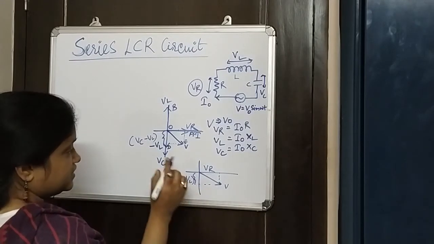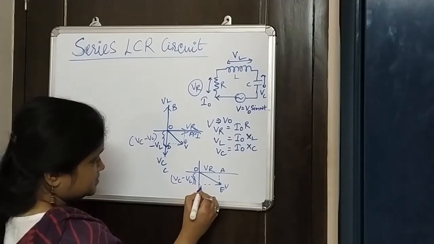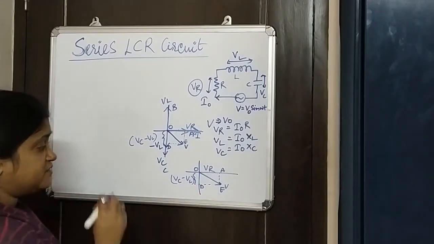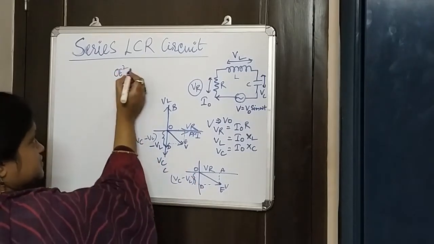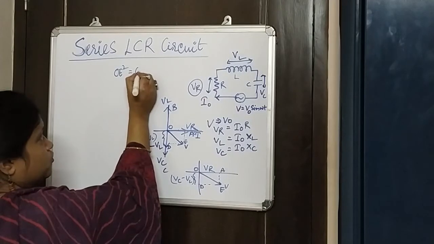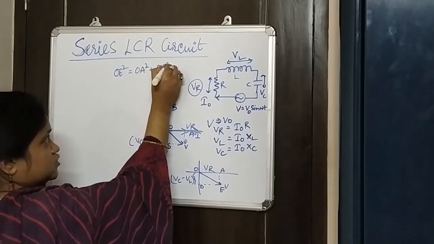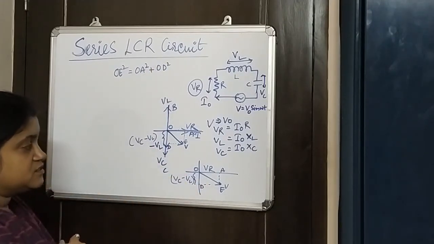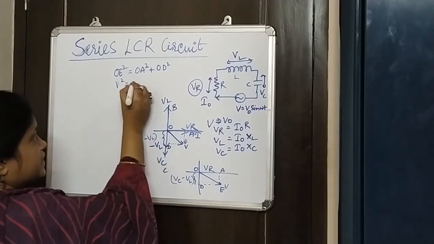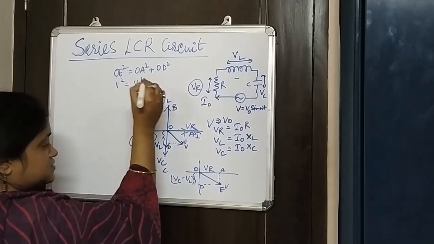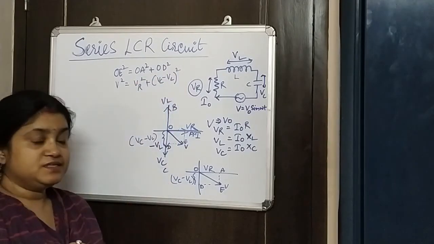Therefore we can write, suppose this is E, this is O, this is A, and this is D points, then we can write OE square is equal to OA square plus OD square. So we will just substitute. This gives me V square is equal to VR square plus VC minus VL whole square, right?